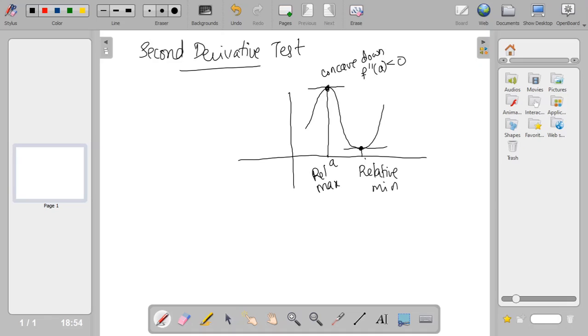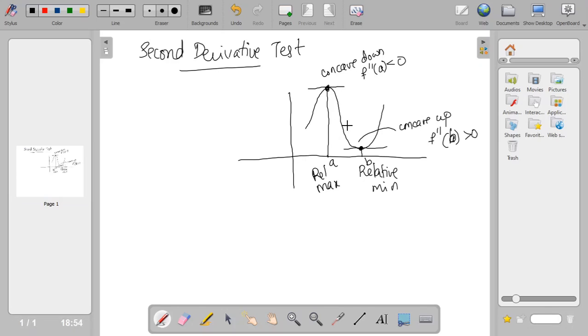If this is the point B, then at this point the function is concave up. When the function is concave up, the second derivative will be positive. അപ്പം f double dash of B will be greater than 0.